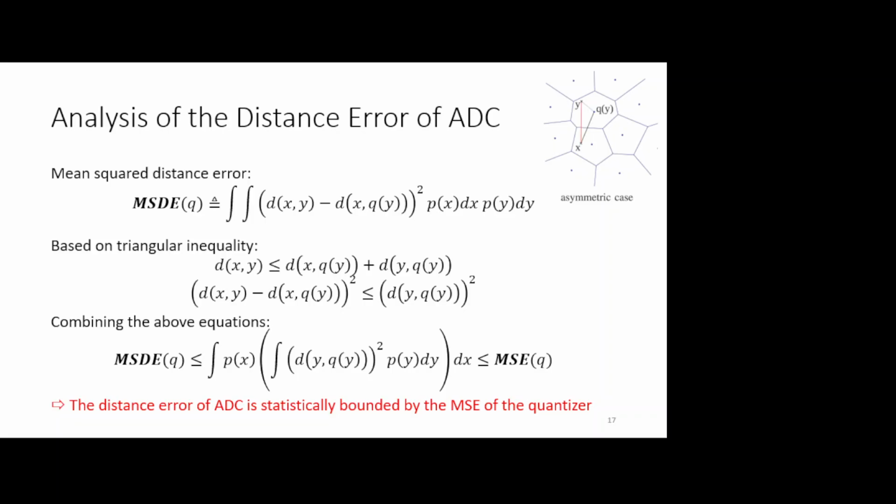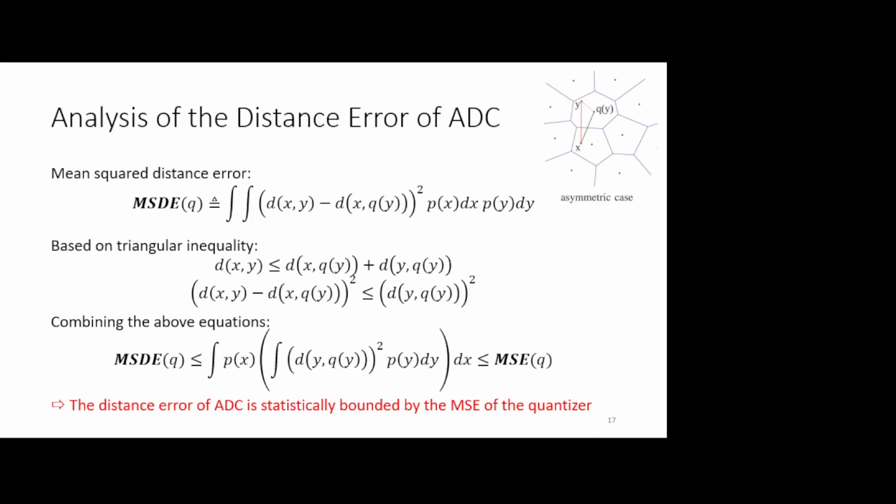So here we give another term called MSE of Q, meaning the mean square error of the quantizer. So actually it's the distance between the original y and the quantized value of y. So it shows you the MSD has an upper bound given by the mean square error of the quantizer.